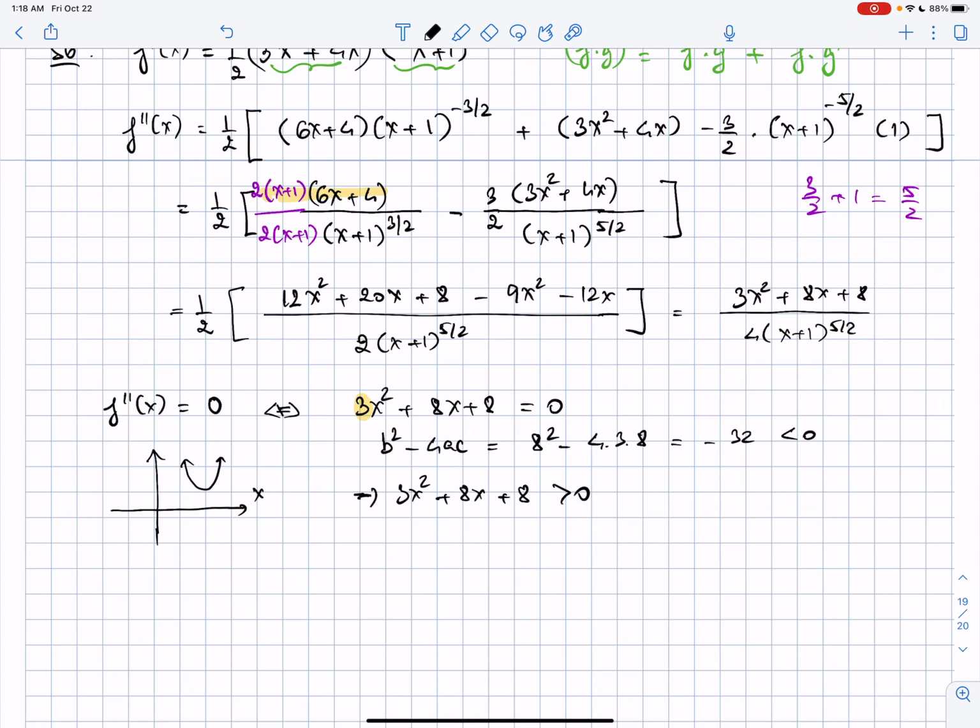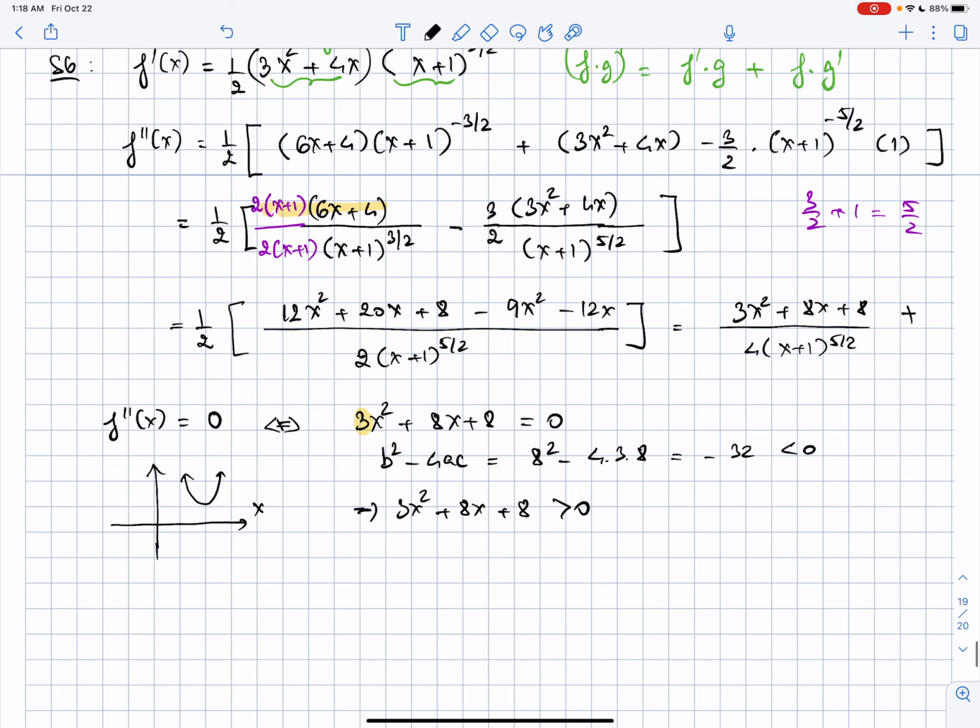Okay, so the top is always positive. In the bottom, since the domain is x greater than negative 1, it's also positive. So f double prime of x cannot be 0, it will be always positive. That means we will always have concave up.